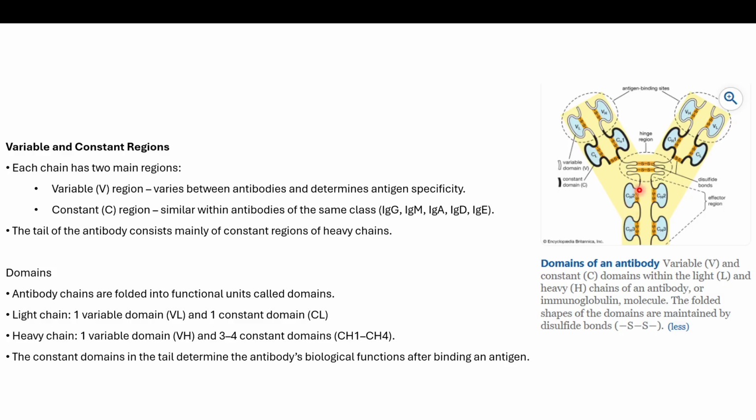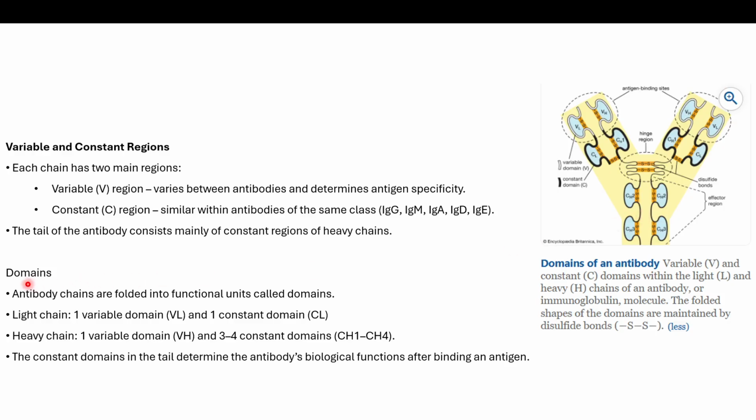The folded shape of each of the domains is maintained by disulfide linkages, as can be seen between the chains, and even on one particular domain of a light chain, in the constant region or the variable region. There are intra-chain as well as interchain disulfide linkages. And the tail of the antibody consists mainly of constant regions of heavy chains.